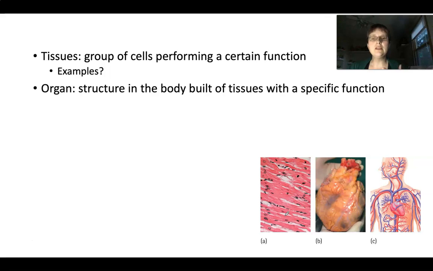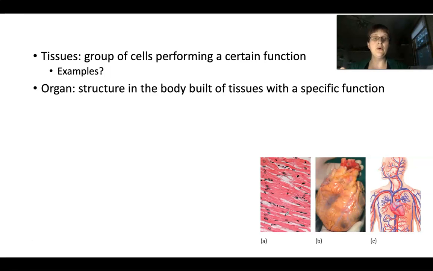So an organ is a structure in the body built of tissues that has a specific function. So if we go back to tissue, there's muscle tissue, but there's different types. So there's smooth muscle tissue, there's striated muscle tissue. They work differently, right? But then if we put them together into one special structure, now we've got an organ.